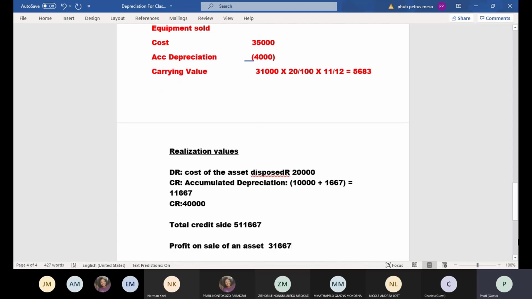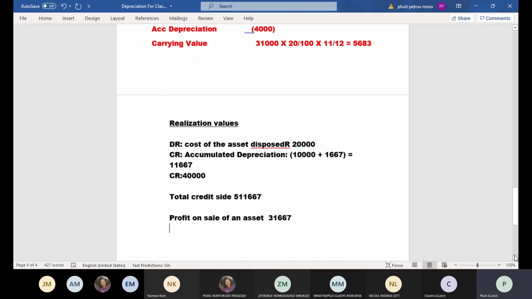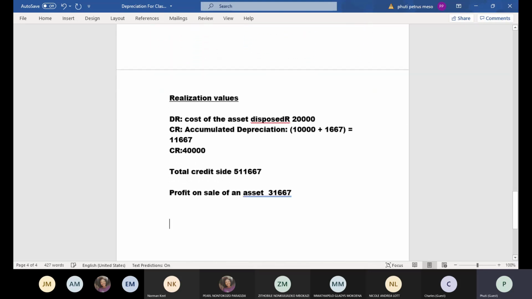Does that make sense? Do you all understand? Okay, let's have the equipment. So the same process will be followed.